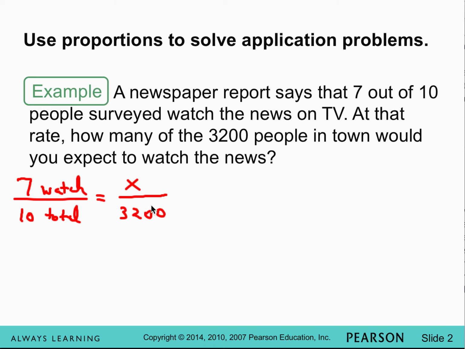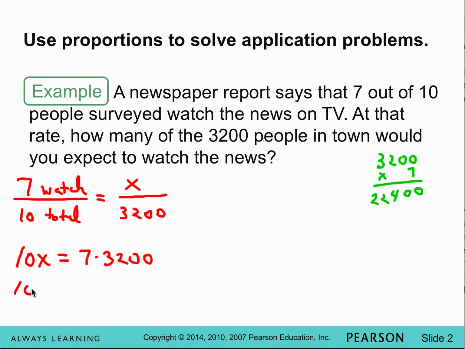Okay, and then we've got 10 times x equals 7 times 3,200. Okay, so 3,200 times 7: 0, 0, 14, 21, 22.